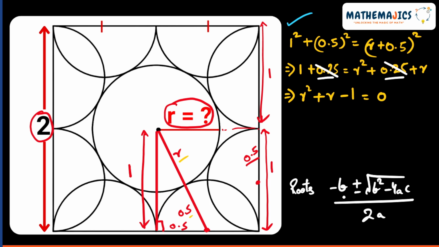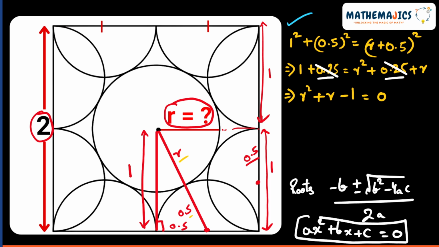Now what are a, b and c? The general quadratic equation is ax squared plus bx plus c equals 0. Here a is the coefficient of x squared, b is the coefficient of x and c is the constant term. In this case, a will be 1, b will be 1 and c will be negative 1.